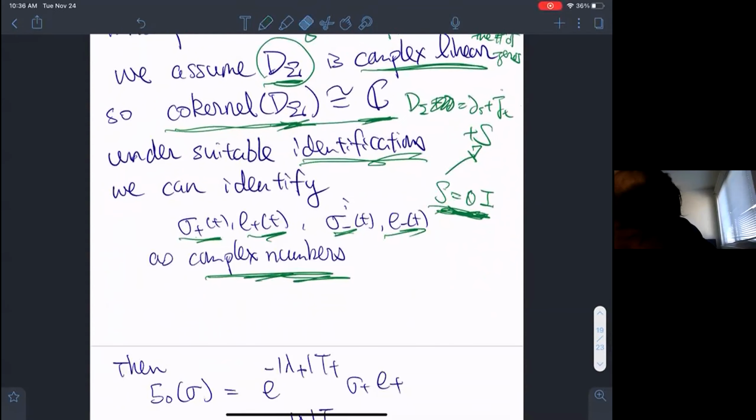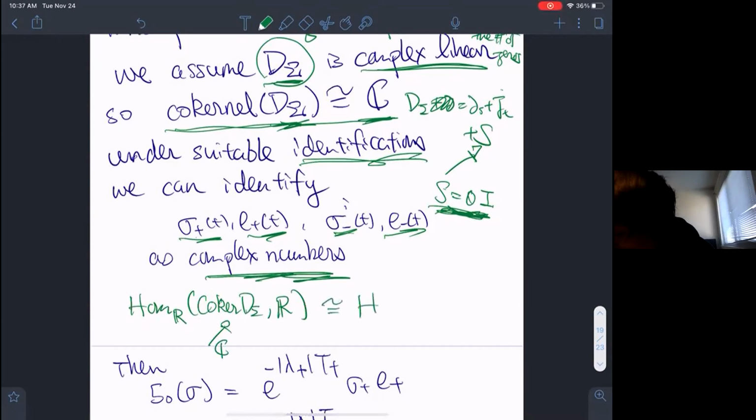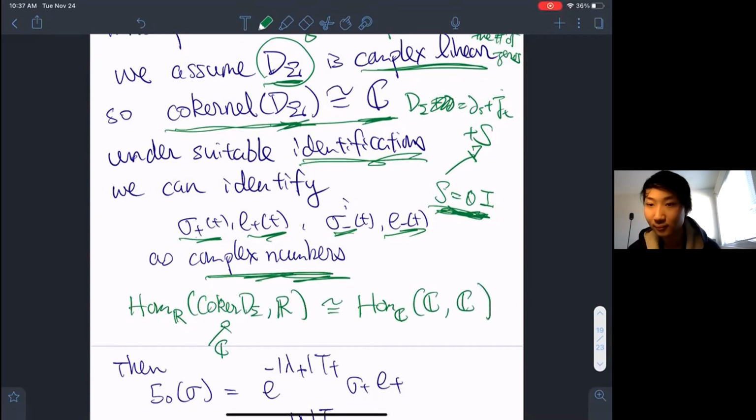Secretly what's happening is that Hom of the obstruction bundle is co-kernel of D sigma from R. Upon the realization that this thing is C, I can identify this with a section of Hom of C from C to C. Well, the dimension checks out.